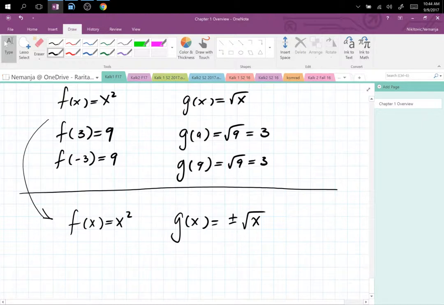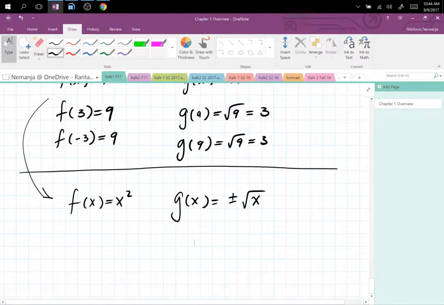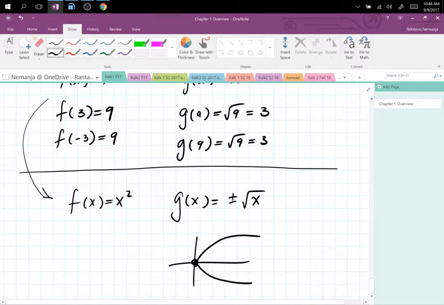Now this is going to undo 100%. Right? You are going to get positive 3, you are going to get negative 3. But what's the issue now? This is no longer a function. Because the positive branch graphs here, the negative branch graphs here, which fails the vertical line test.